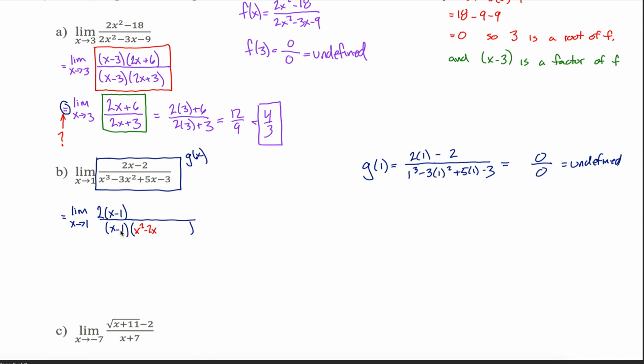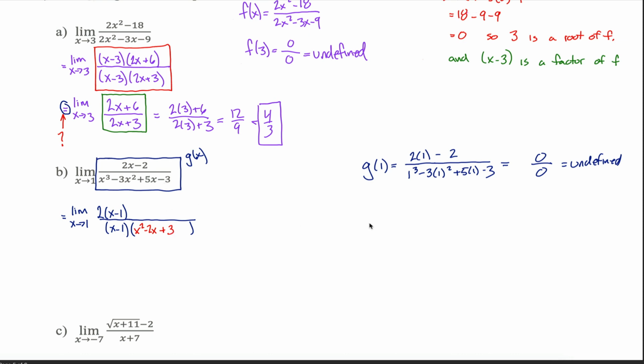Negative 2x times negative 1 gives me positive 2x. But I'm not supposed to have positive 2x. I'm supposed to have positive 5x. So there must be a plus 3 here. This 3 times this x will give me the 3x, which I can add to the 2x that I get from the negative 1 times the negative 2x to get 5x. And sure enough, the negative 1 times the 3 gives me the negative 3.